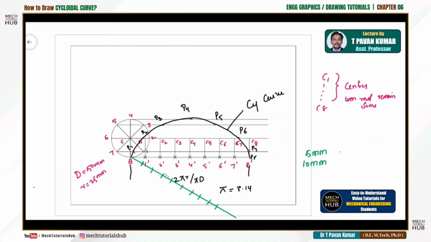Likewise, whatever number of divisions you want to make, you can create 1, 2, 3, 4, 5, 6, 7, 8 are enough.